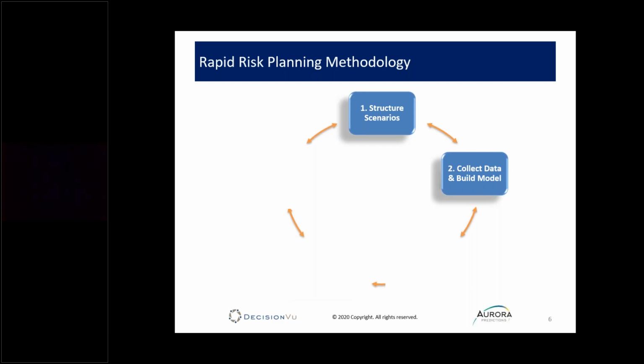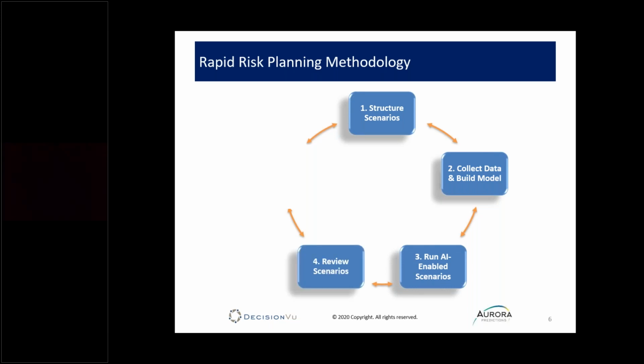Because as we learn something about one step, it may cause us to rethink something. For example, something that we learned about the data we collected or the model that we built may cause us to rethink the structure of our scenario. Then once we have structured our scenario, collected the data, and built the model, we want to run the scenario. And then we want to review the outcomes of those scenarios.